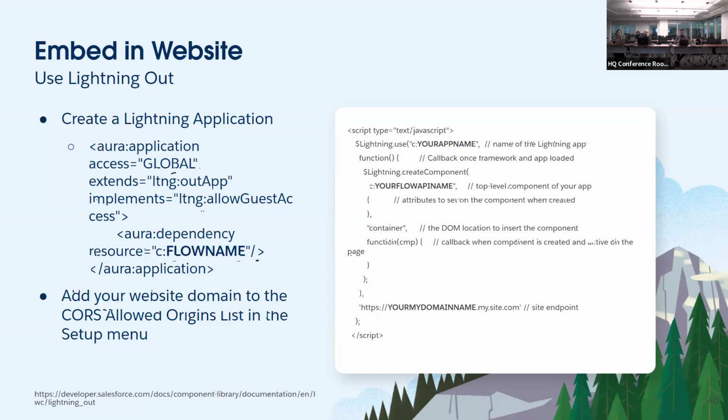The nice thing about this method is that once you do it, your flow is still being called at runtime. So if you make an update and publish a new version, the script that you put on your website doesn't have to change at all. It just loads the latest active version of the flow. With some of these other form tools, if you make a change to your form, you have to republish that script because they're doing it statically.